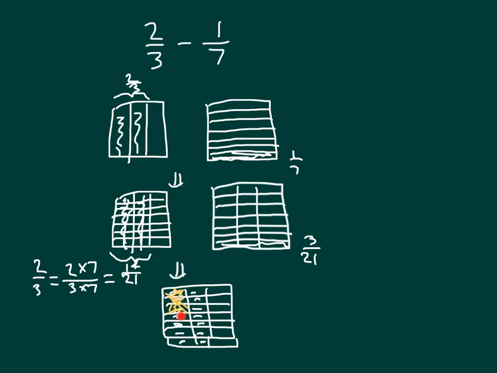What I'm left with is 1, 2, 3, 4, 5, 6, 7, 8, 9, 10, and 11. So 2/3 minus 1/7 is equal to 14 21sts, that's what I modeled first, and then I subtracted 3 21sts by crossing them out. I'm left with 11 21sts.